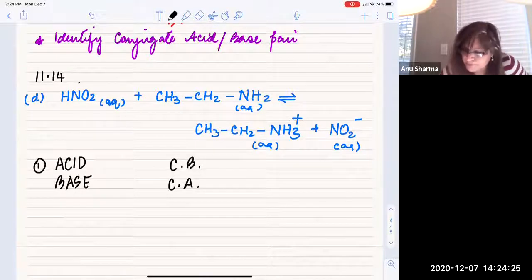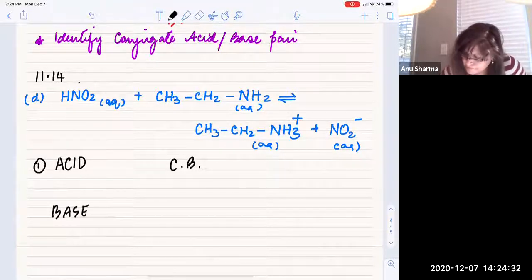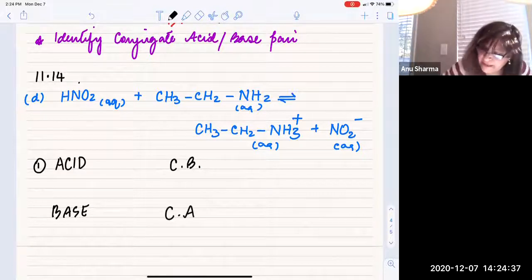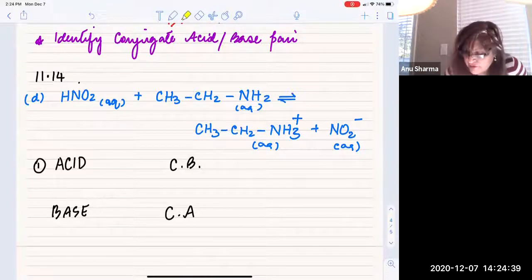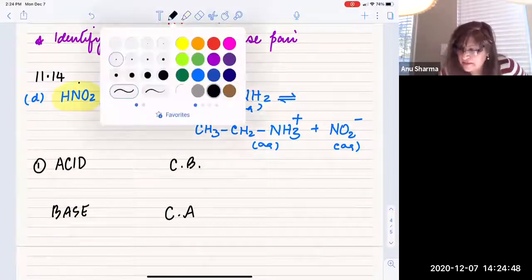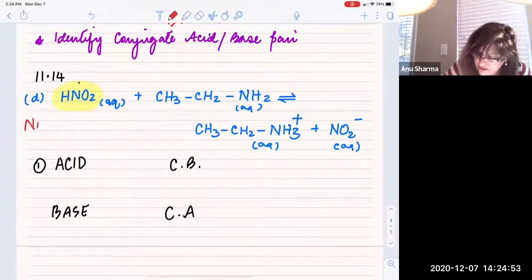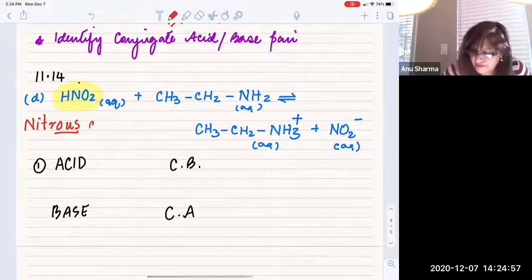So we know the first thing, the HNO2 would be an acid. Yeah, that's right, Joshua. This is not hydrogen nitrate, it's nitrous acid. Remember, nitric is HNO3. So this is nitrous, less oxygens, nitrous acid.